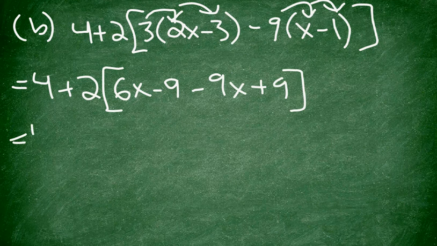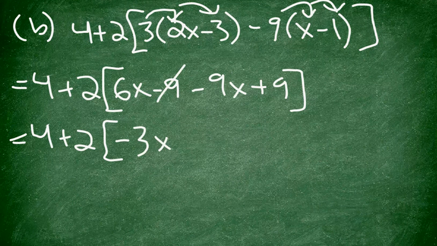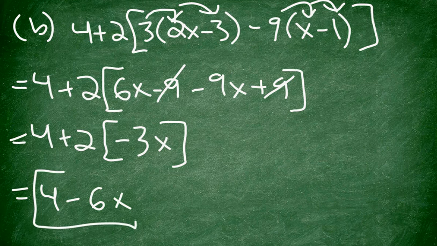Okay. And then I can combine like terms. The 6x and the negative 9x is a negative 3x. The negative 9 and the positive 9 cancel. So 2 times negative 3x is negative 6x. So that is my final result. Okay. All right, let's keep going.